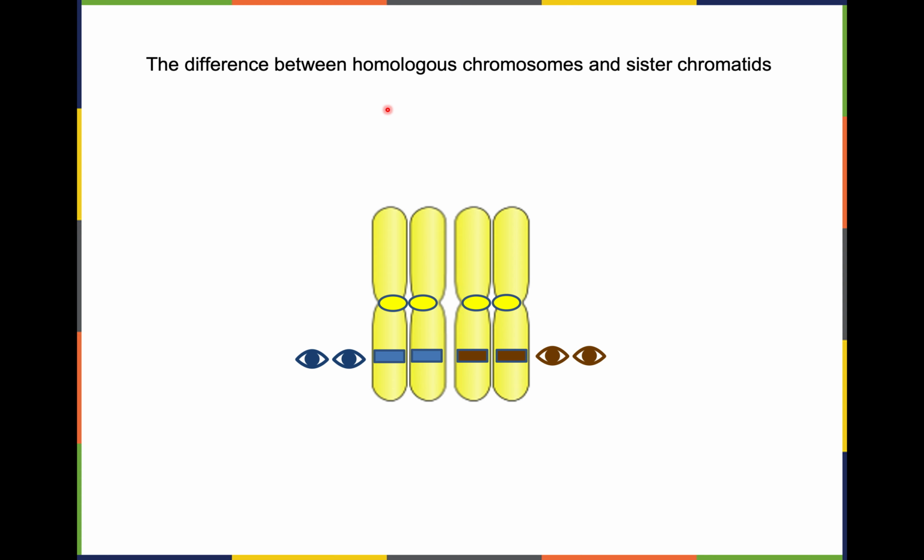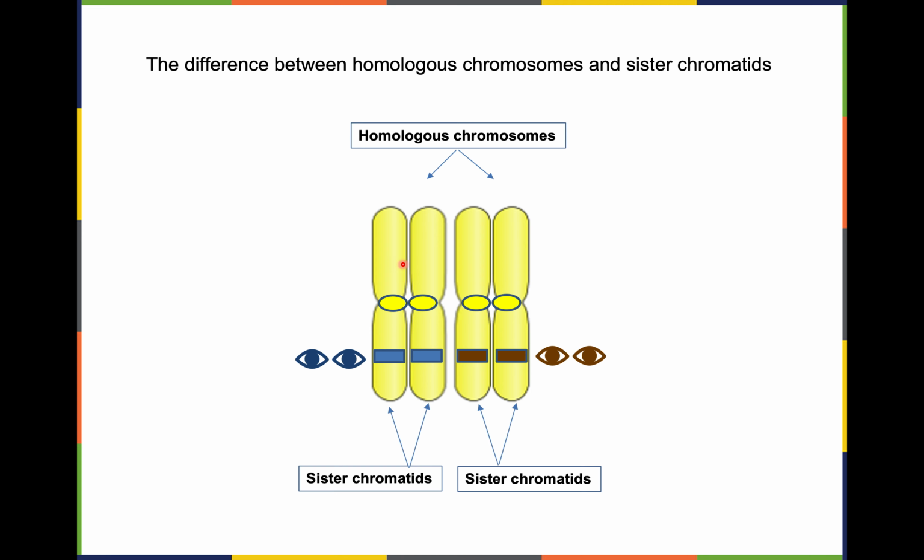It is really important for you to understand the difference between homologous chromosomes and sister chromatids because it's easy to mix them up. Now, we're going to go back to these yellow chromosomes as an example, and we're looking at the gene for eye color. These are homologous chromosomes. So this chromosome that is duplicated is homologous with this chromosome, because they have the same genes, but they have different versions of the same genes.